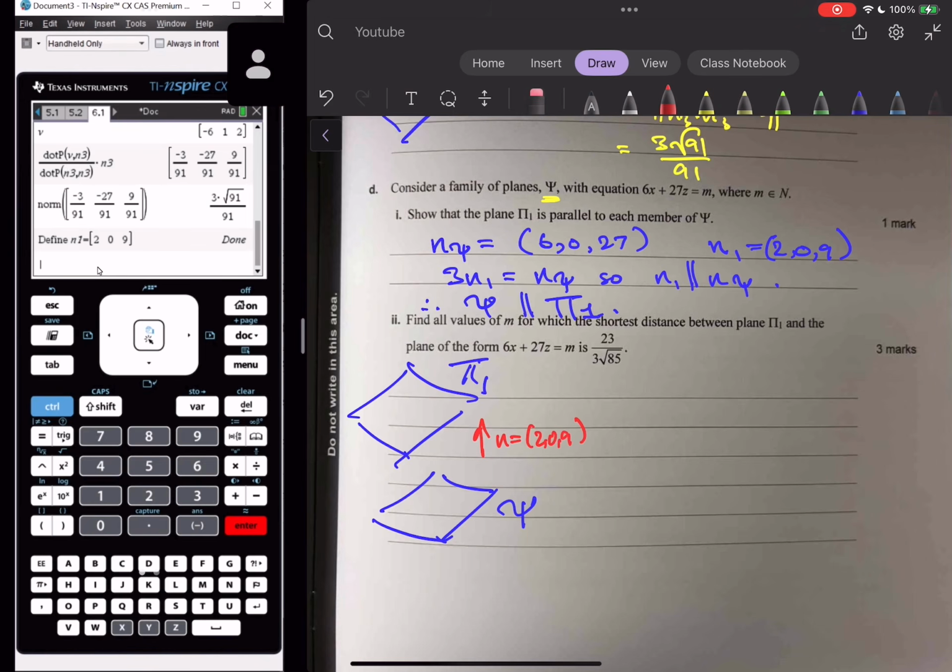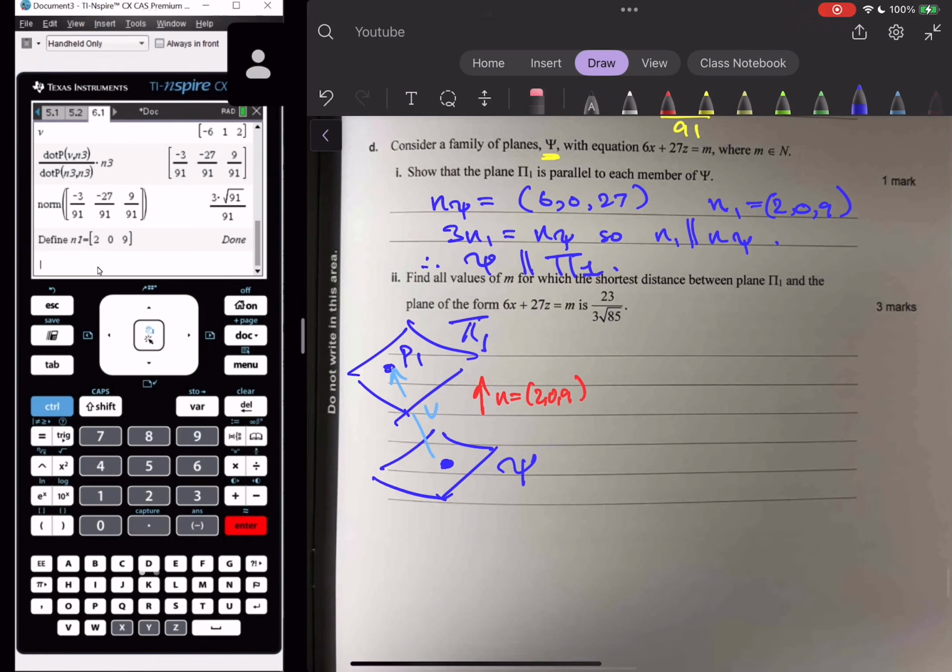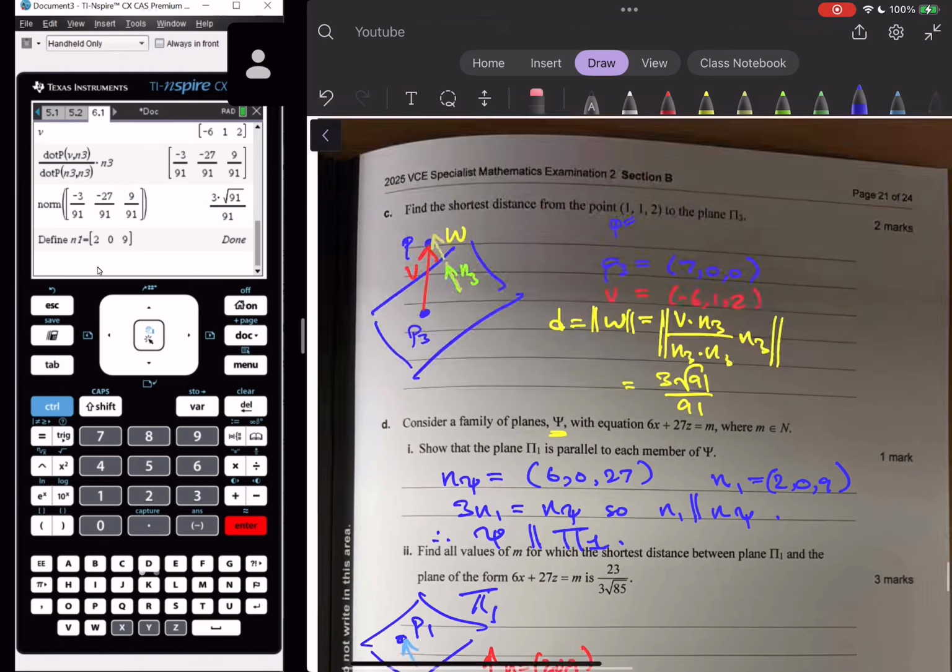And what we're going to do is choose 2 points on our two planes. And this is going to be some vector. Let's call it v once again. And then we're just going to project v onto n. I'm going to call the point living on pi1 p1, and the point living on psi q. So what's the point living on pi1?